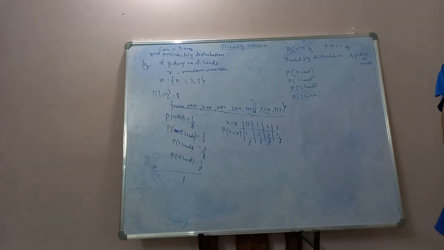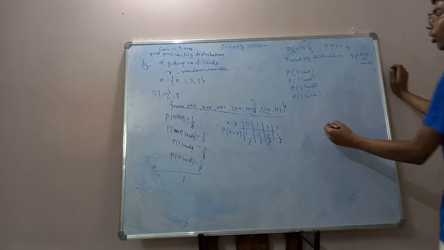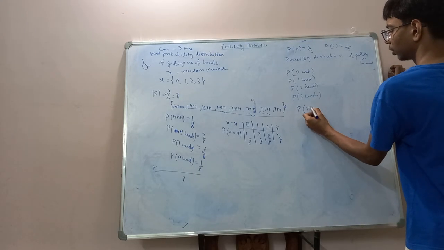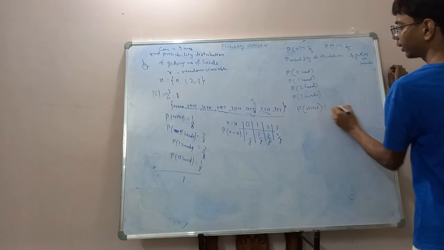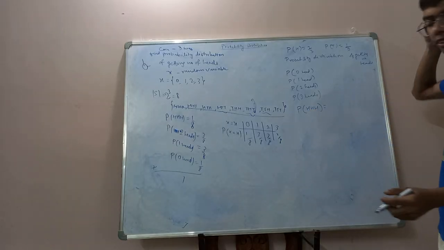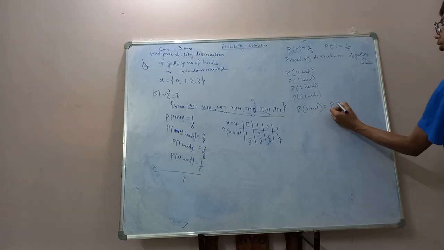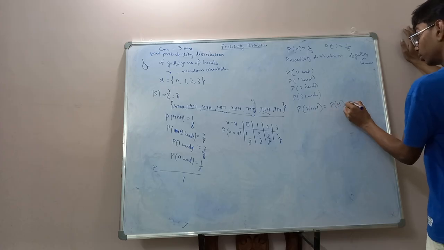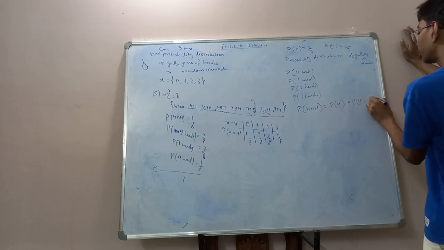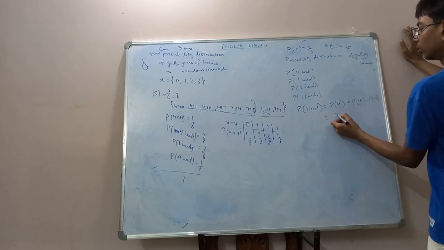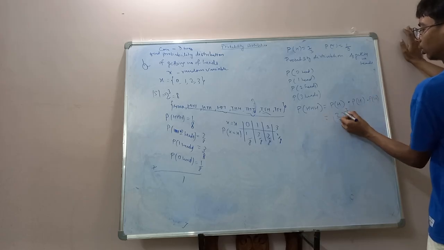Now the probability of getting 3 heads will be the probability of head multiplied by probability of head multiplied by probability of head, which is 2 by 3 to the power 3.